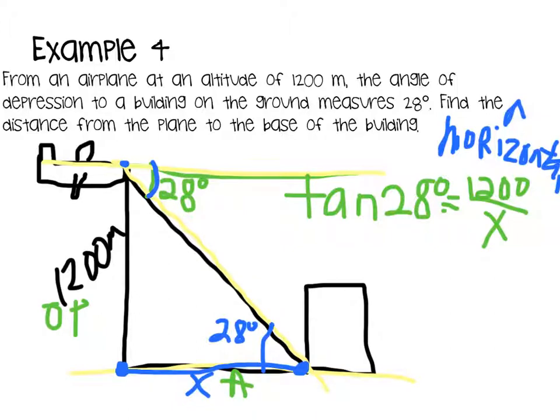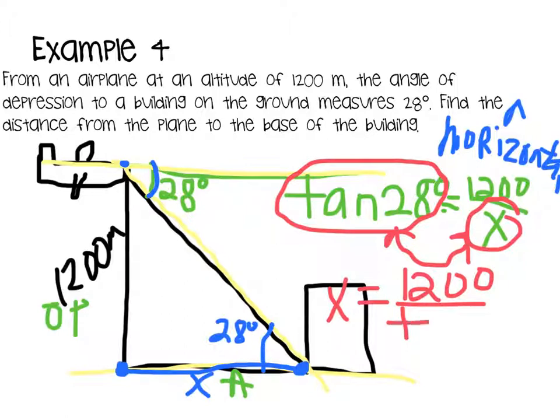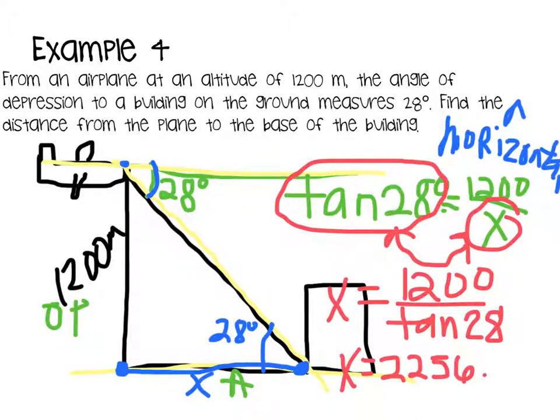If you remember the trick I showed you, if x is on the bottom, all we have to do is flip our trig ratio and that x value. So x should be equal to 1,200 divided by the tangent of 28. And so the horizontal distance from the plane to the base of the building can be found by plugging 1,200 divided by the tangent of 28 into your calculator. If I do that, I get x is equal to 2,256.87 feet.